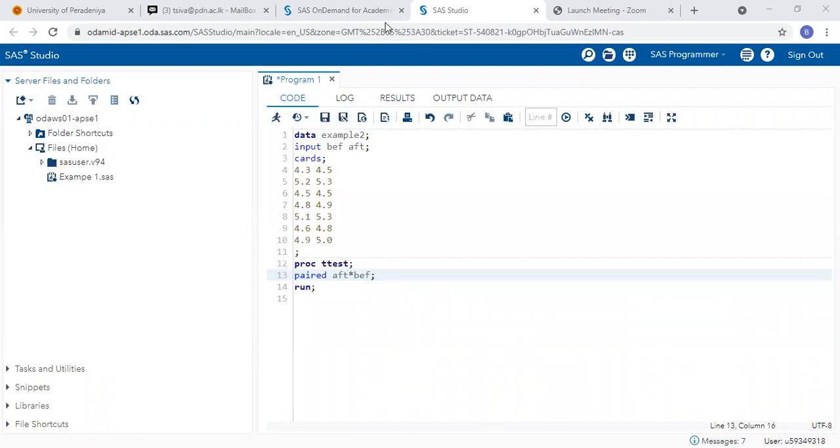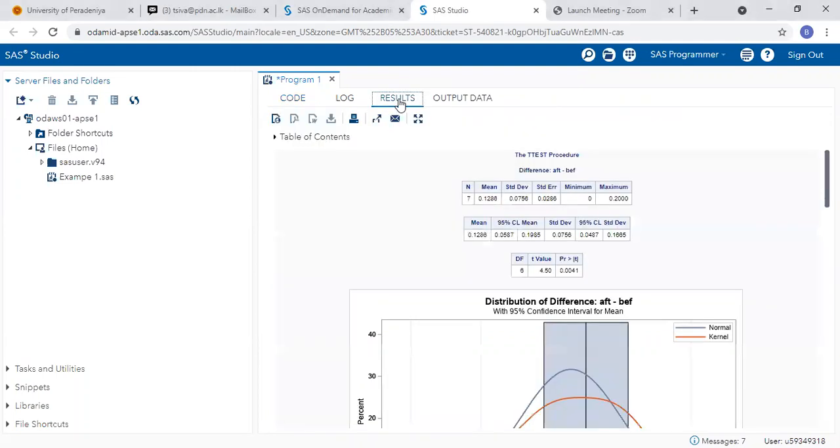Here, where it is 0, you see the difference is 0. So that is why the minimum value is 0, and the maximum value is 0.2. I think somewhere 0.2 in the difference. So we could say this is the maximum difference, this is the minimum difference.